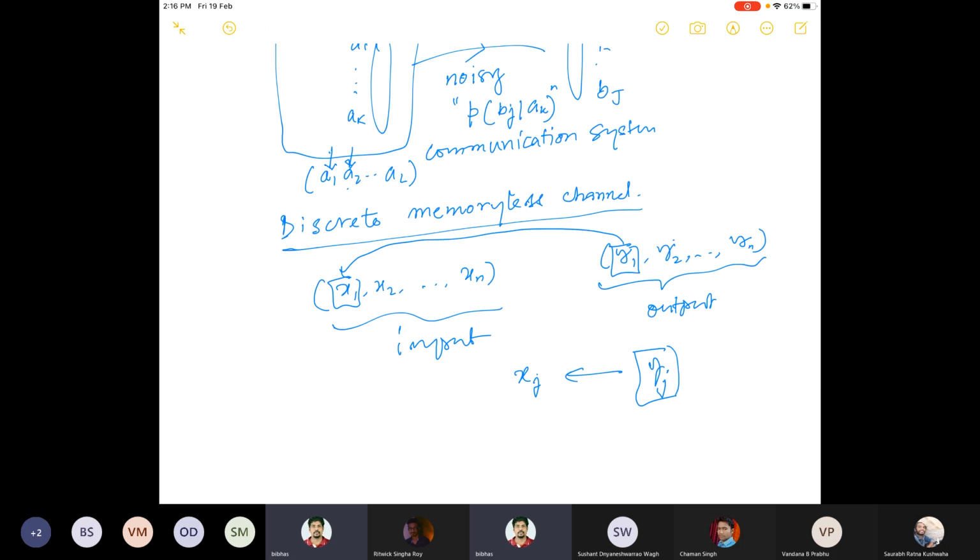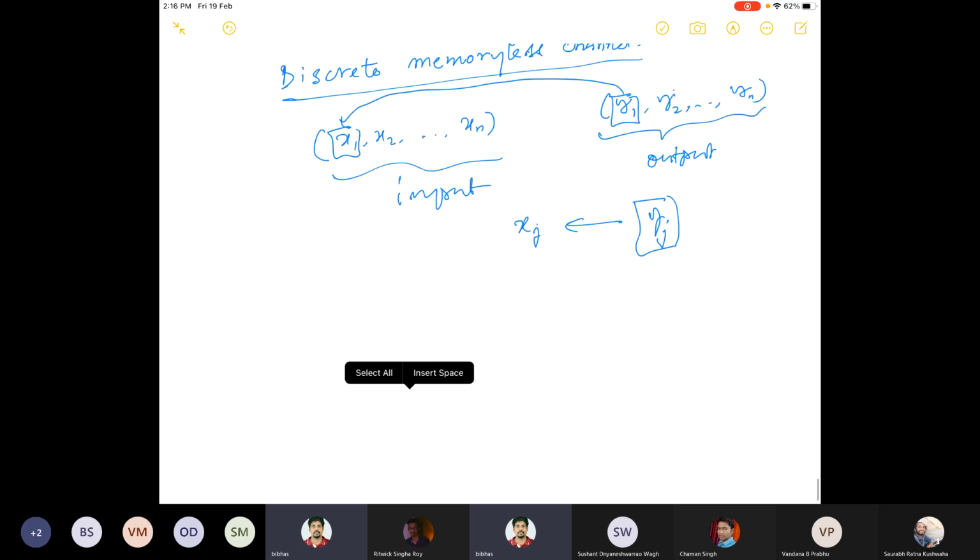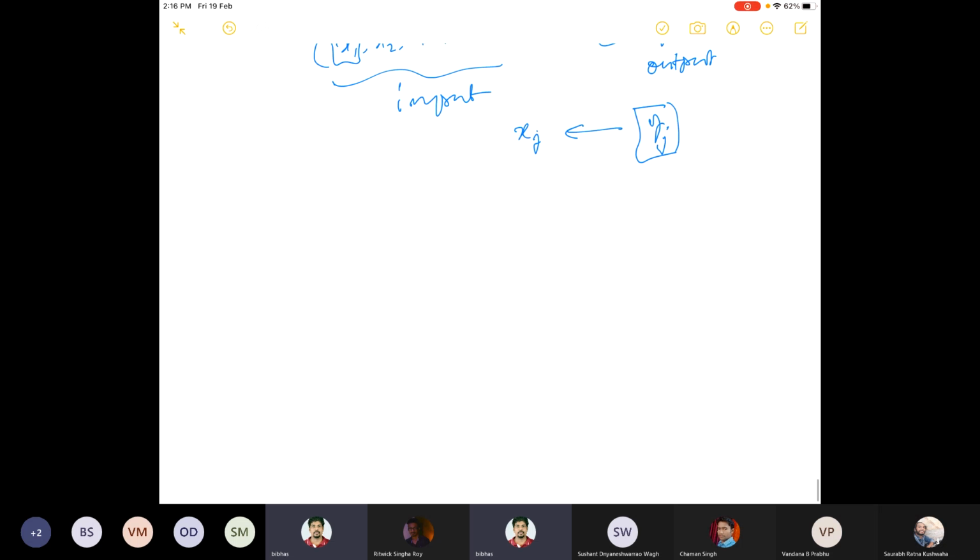Now I'll give you a brief diagram of the communication channel in much more detail, to recall what we are doing. Here you have the source, and here you have the coder.